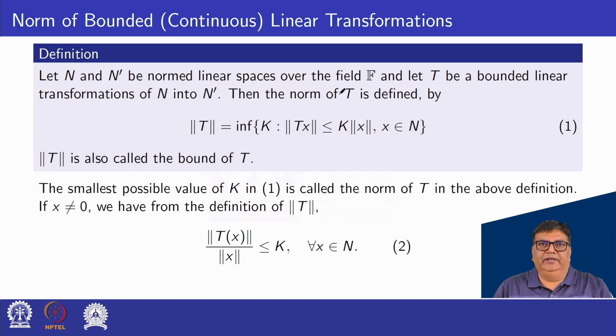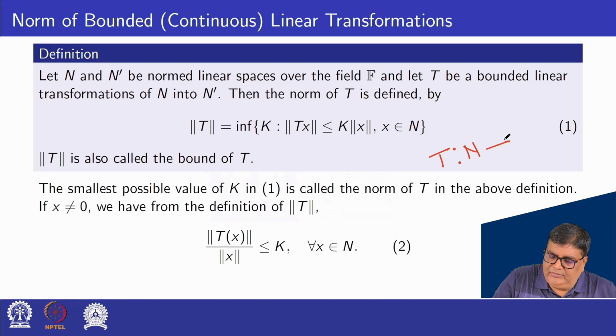Then the norm of T is defined by norm of T is equal to infimum of k such that norm of Tx is less than or equal to k norm x, where x belongs to N, because we have the mapping T from N to N'. x is an element of N and Tx is an element of N'. If it satisfies this condition, then we can say that T is a bounded linear transformation.